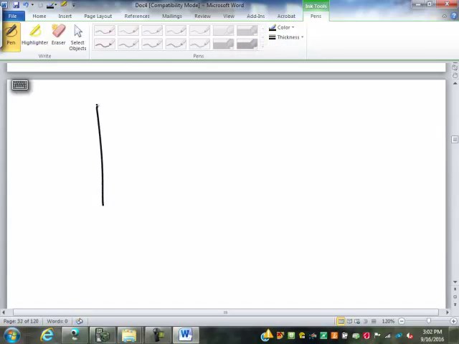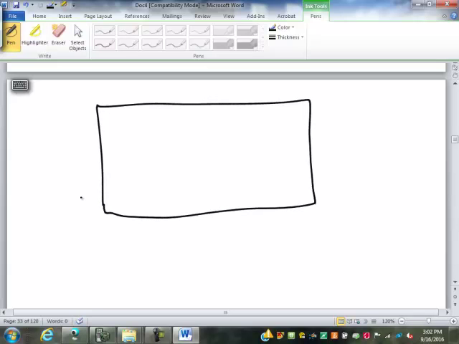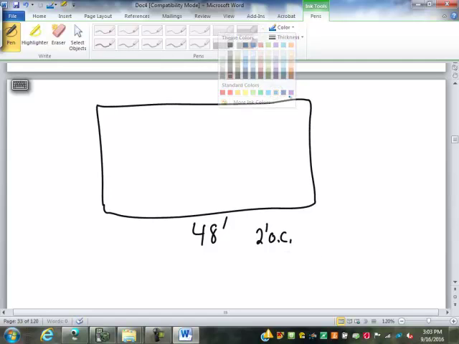Similar thing happens. You have a foundation and you're putting floor joists or floor trusses on it. Let's say that this here is 48 feet long. And we're going to install floor trusses at 2 feet on center. How many of those floor trusses is it going to take?